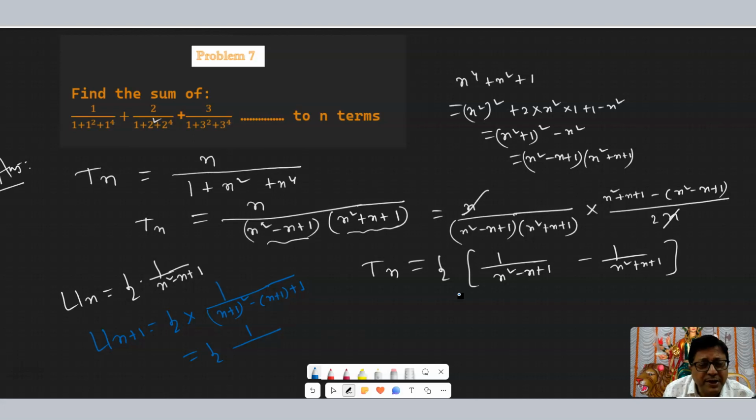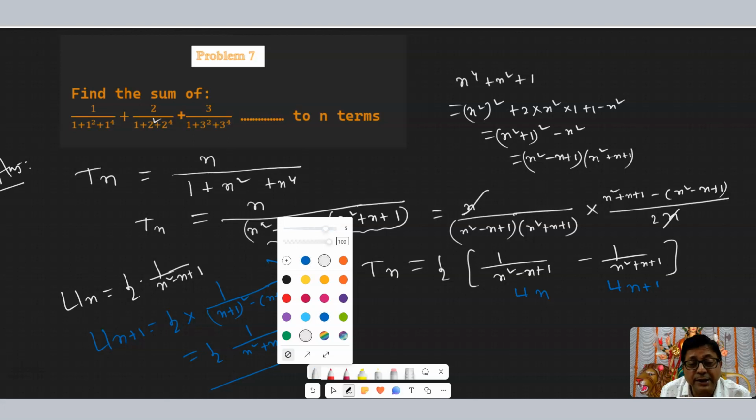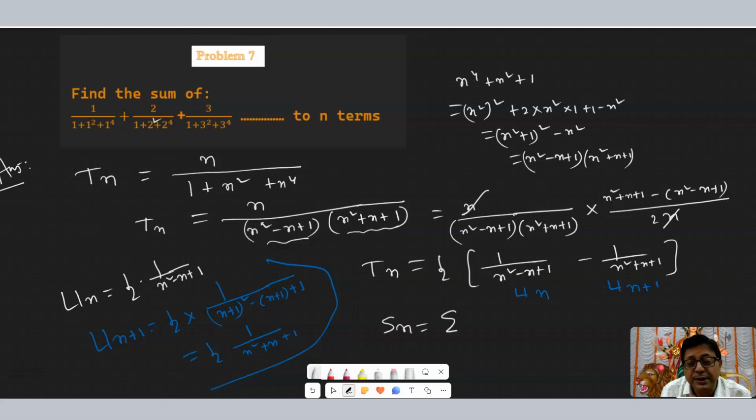N squared, 2n minus n, n, and 1 minus 1 get cancelled. See, we have got this. If this one is un, now this one is going to be un plus 1. So everyone can write Sn from here. Sn is what? It is sigma Tn, the sum from n equal to 1. That is 1 minus 1 plus 1. 1 minus this.